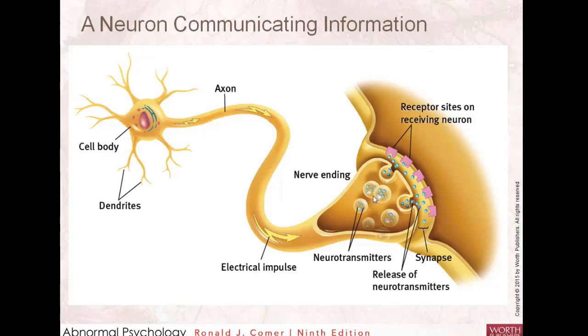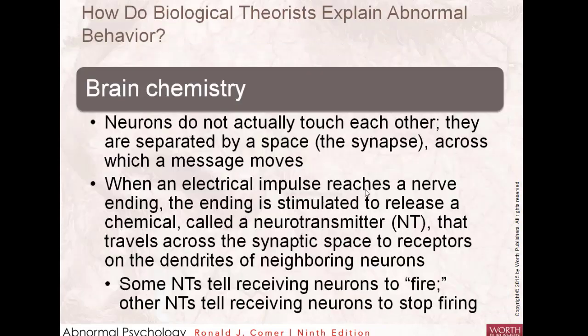When the electrical impulse reaches them, they are released into this little gap, and they float across, and they go into the lock on the dendrite of the next neuron, and that causes the message to continue. It causes the message to pass. And then after the neurotransmitters have done their job, they're taken back up into the terminal junction to be reused again.